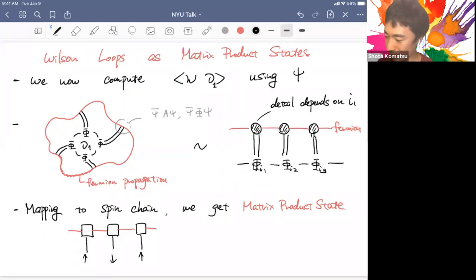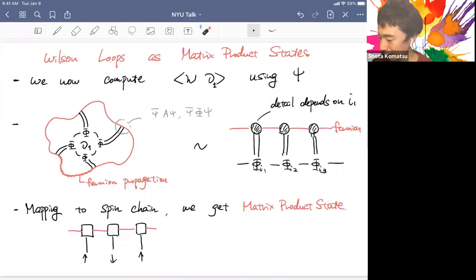So using double line notation, I will do the Wick contraction like this. Here the Wilson loop interacts with the field in the gauge theory through this interaction. Or if you consider a slightly generalized version of the Wilson loop, which couples also to scalars, then you can also use these vertices. So roughly speaking, you get this kind of diagram. And in between, because you have a fermion path integral, there is a propagator of the fermion. So this picture roughly corresponds to this kind of picture.